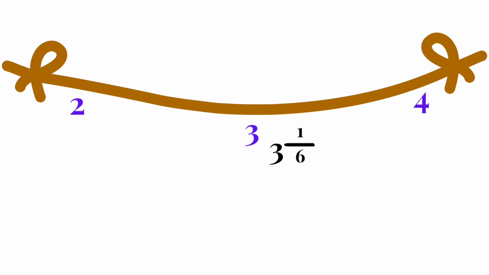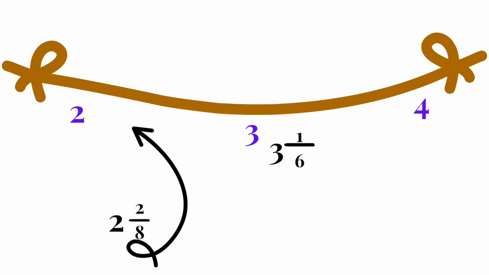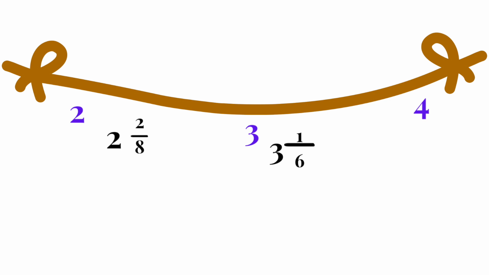Since 1/6 is a fairly small fraction, it will be positioned quite close to the number 3. Next, 2 2/8 has a whole number of 2, so it goes between 2 and 3. Since 2/8 is less than half, it's actually closer to a quarter. It will be positioned closer to 2 than to 3.